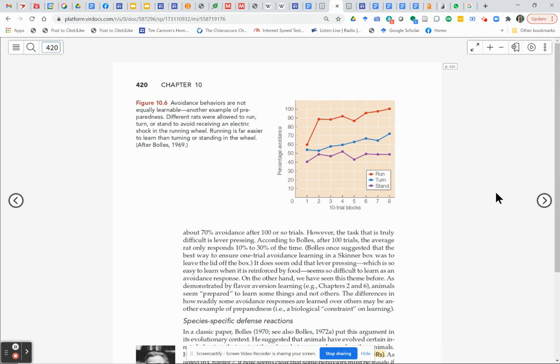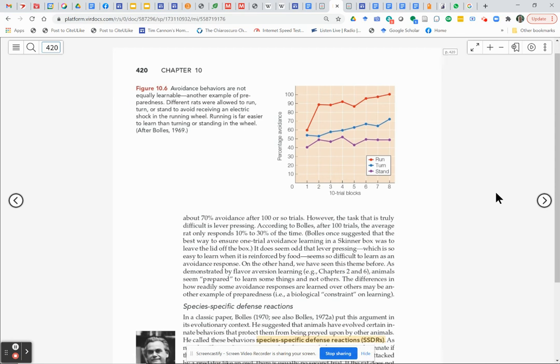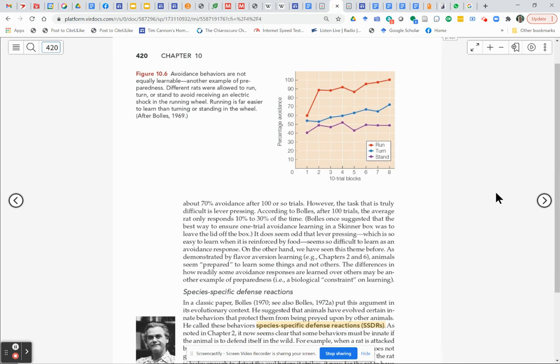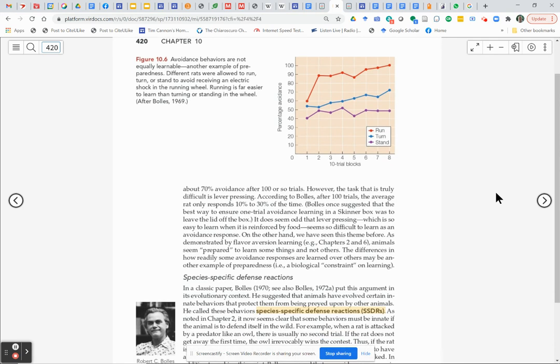So these are different behaviors. Running, the animals learn to do that very well. Turning, medium. Standing still, they are not prone to that.